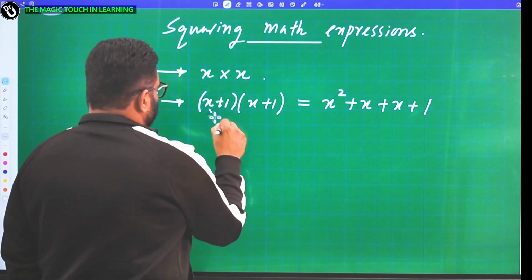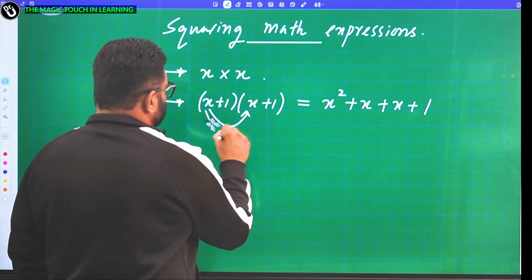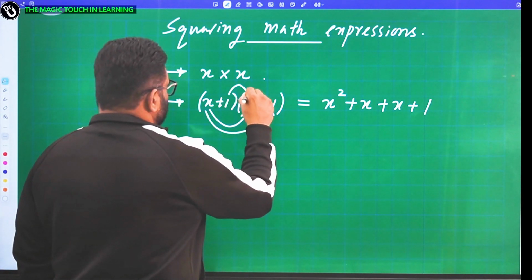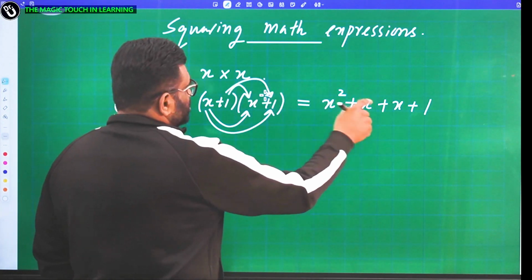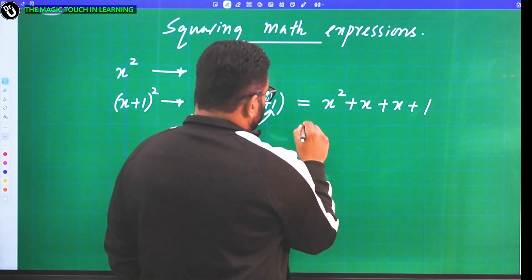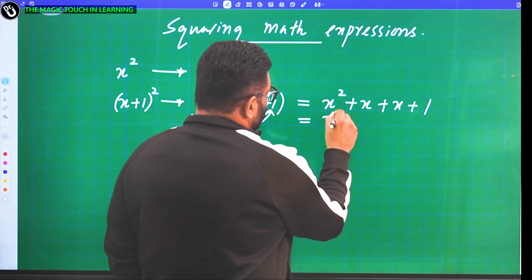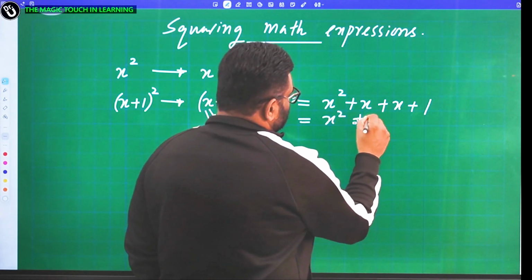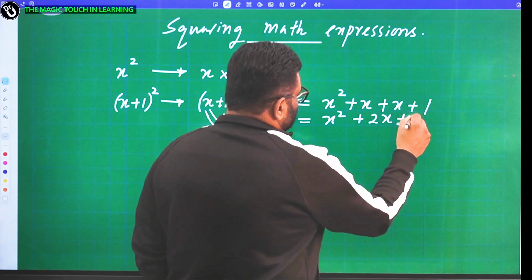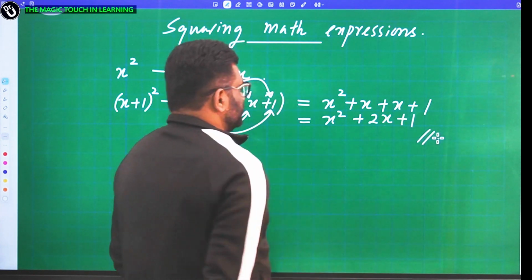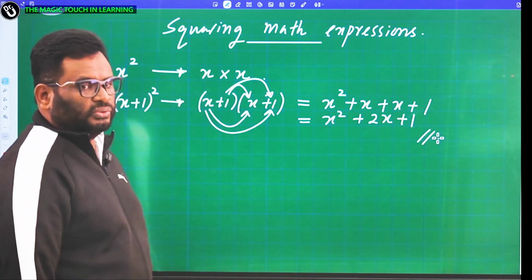You understand this. You can simplify further and get like terms over here. So it's going to be x squared plus 2x plus 1.